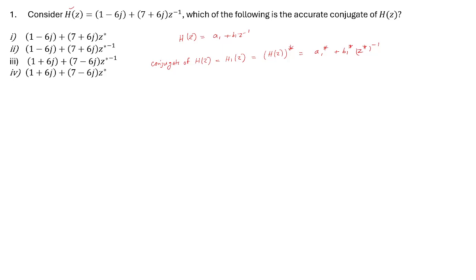So in the problem expression, we have H(z) to be 1 minus 6j plus 7 plus 6j times Z inverse. So the conjugate of that, we denote it as H1(z).